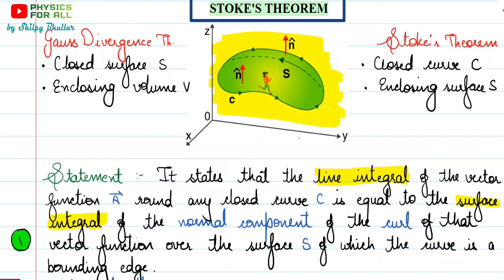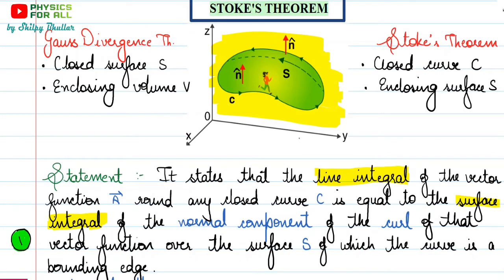Being a closed curve, it encloses surface S. So you can clearly see the difference. Gauss divergence theorem deals with surface and volume, whereas Stokes' theorem deals with the line or curve and the surface. If you go through both derivations, in each and every step you would find some point of distinction between the two, and you can differentiate between them if someone asks.